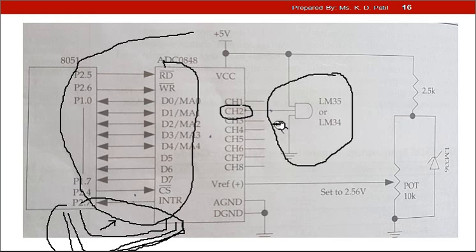Now we are concerned about how this temperature sensor is connected to the 8051 microcontroller through this ADC. That temperature sensor will not be directly connected to the 8051 microcontroller.